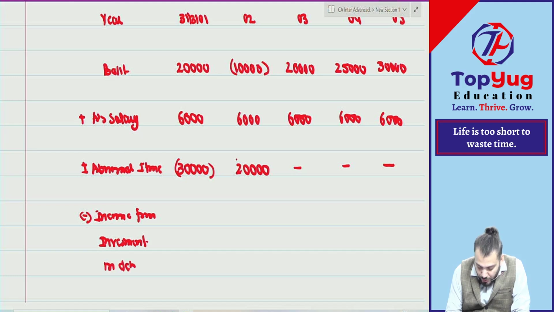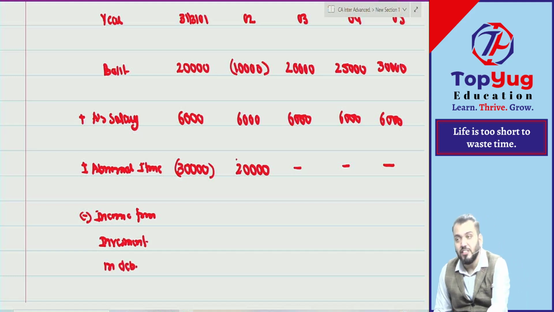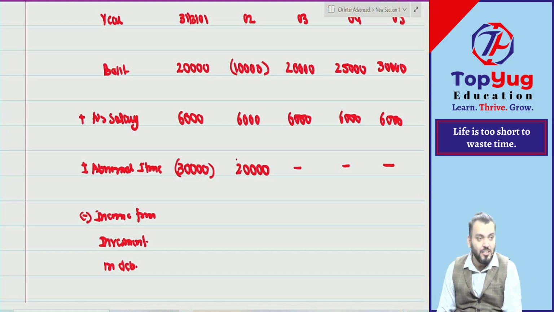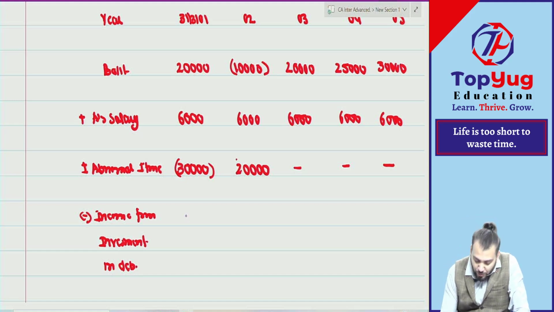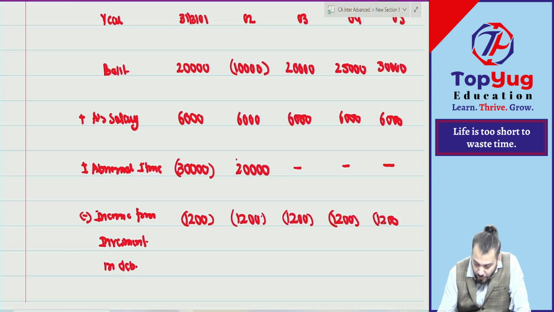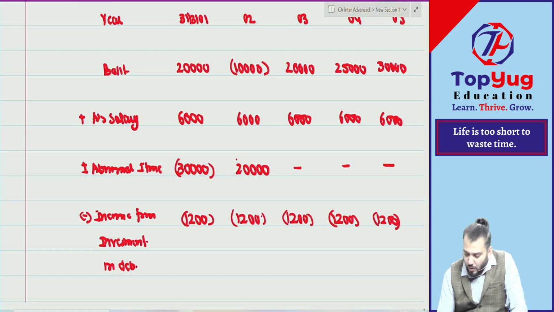Have you understood? And if nothing is given, we assume the investment was made from the beginning only. So it is 6% of 20,000. How much? 1,200. So you can see, we deduct 1,200 each year, 1,200, 1,200, 1,200, and 1,200. Done. I think all points are done.